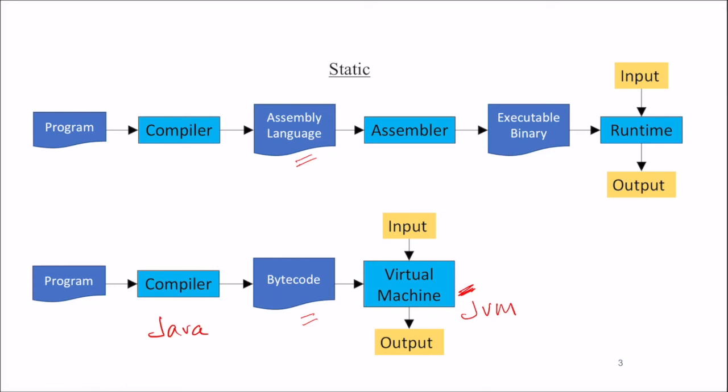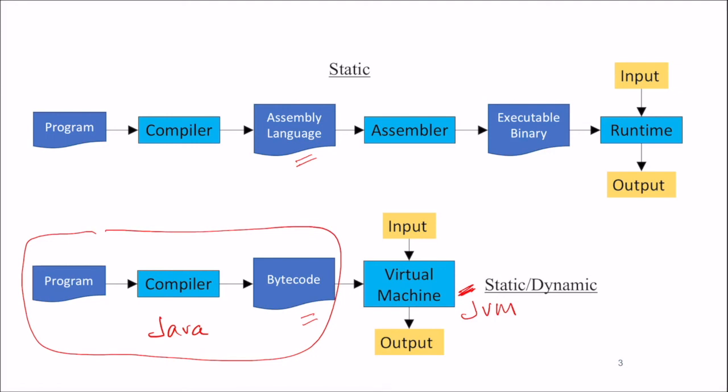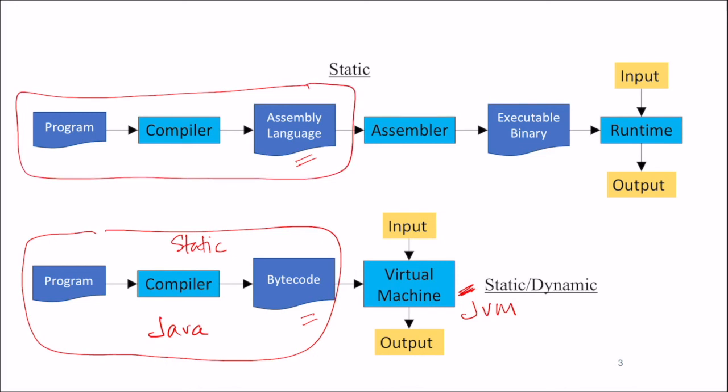So the difference between a compiler that produces assembly language and a compiler that produces bytecode is that this one is a mixture of static and dynamic. If you look at this part over here, this part is static, just like this part of the compiler over here.